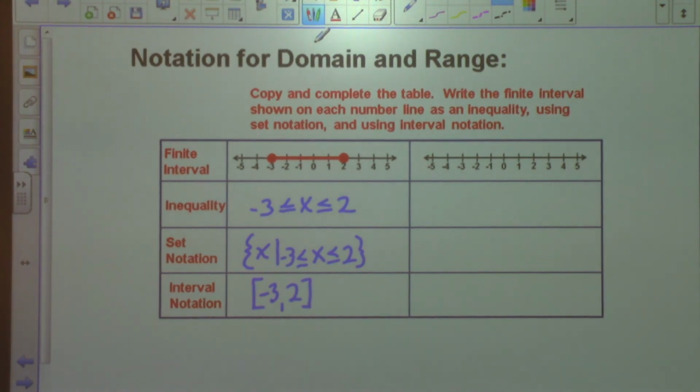Do you like interval notation? Yeah, I like it. It's very economical, with just brackets, parentheses, numbers, and commas. And then a U also, but we'll talk about that later. Here we have arrows going both ways. So inequality notation could be like this.